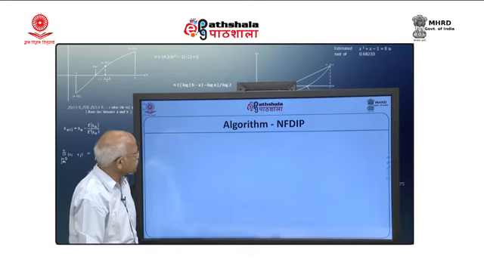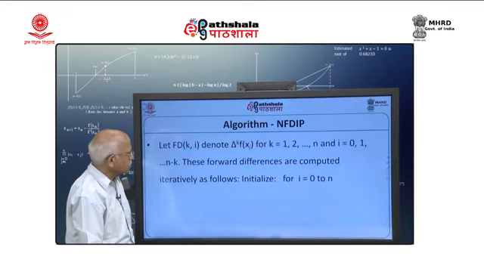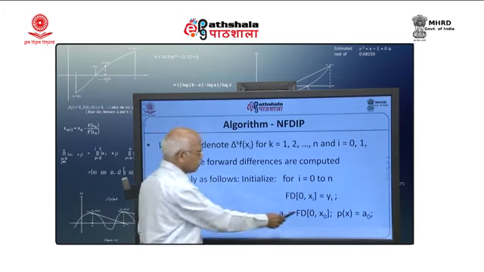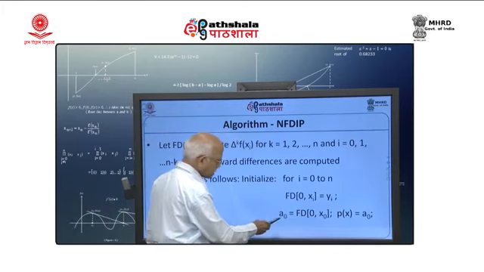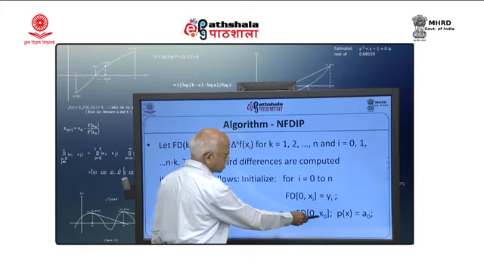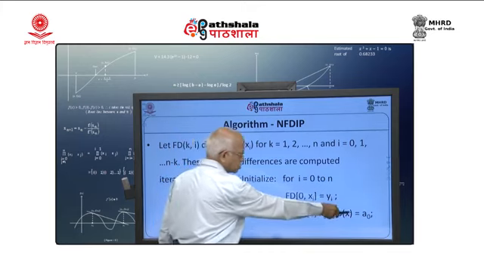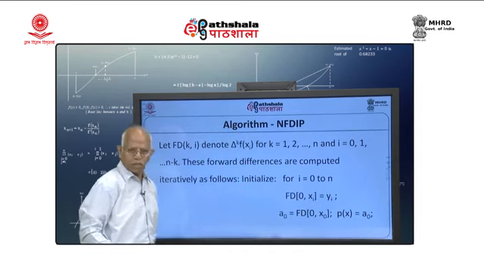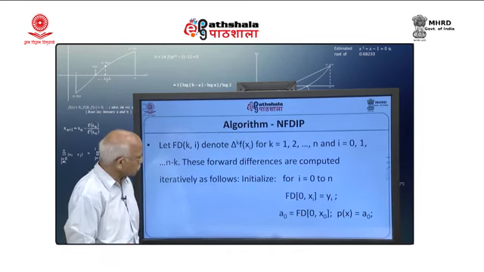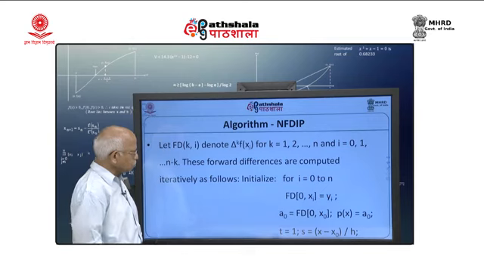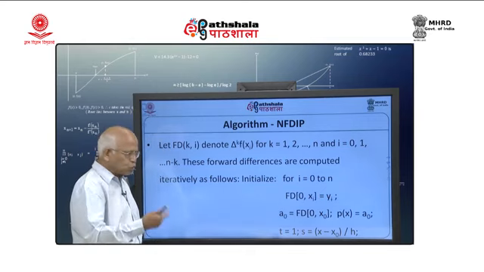What is a 0? A 0 is fd 0 y 0, which is the same as y 0, and y 0 is nothing but f x 0. So, that is how I get p x equal to a 0 as the initial value of p x, and then we go on adding the new terms subsequently.